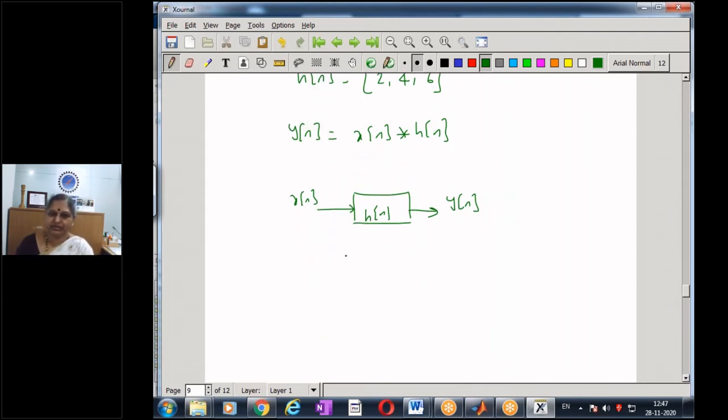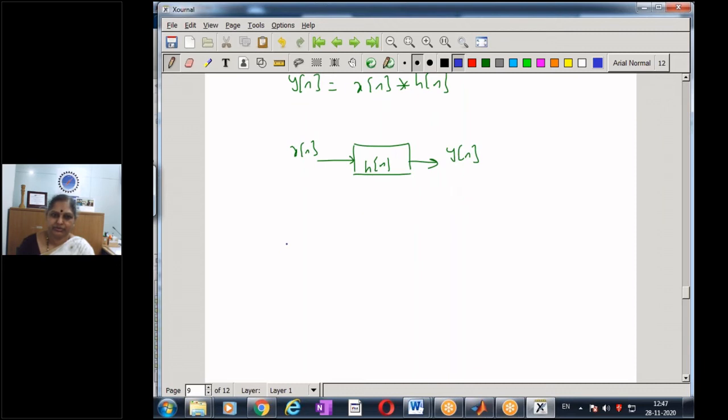Now let's see how to form the matrix. y of n is given by the product of two matrices.